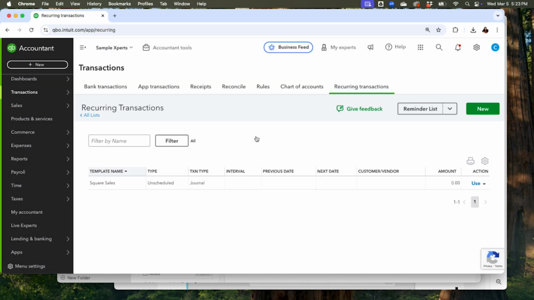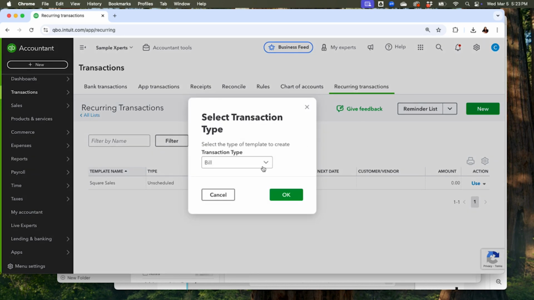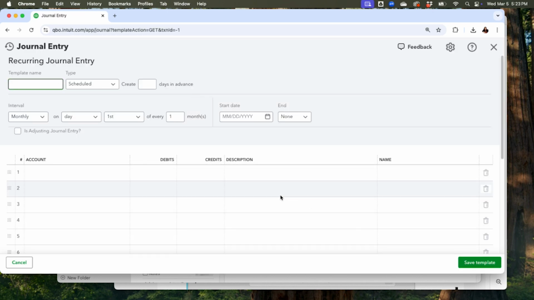Okay, and here you want to click on new, and what you want to create is a journal entry. Scroll down, journal entry, and click OK. You can name the journal entry as Square. Oh, by the way, you can do that for Square payroll as well if you're not going to integrate payroll. So Square, but this one is Square sales. You can put Square monthly sales.